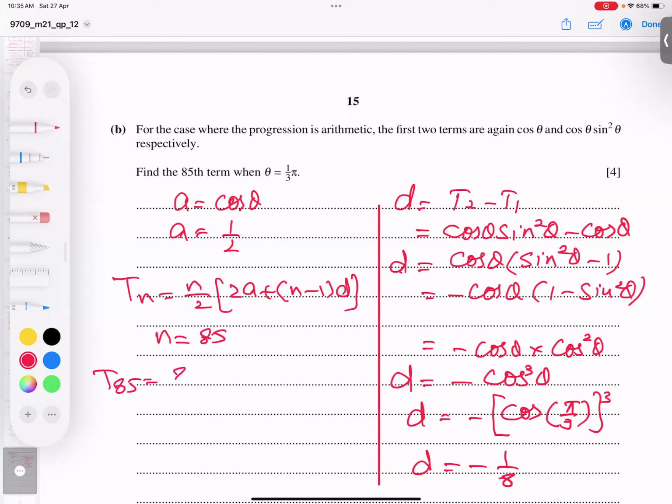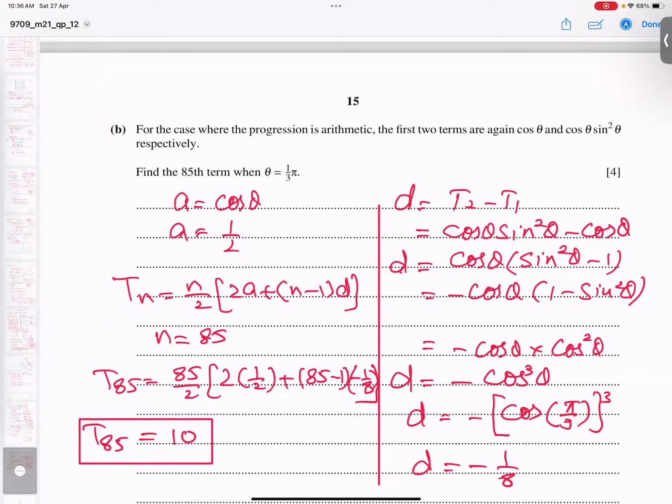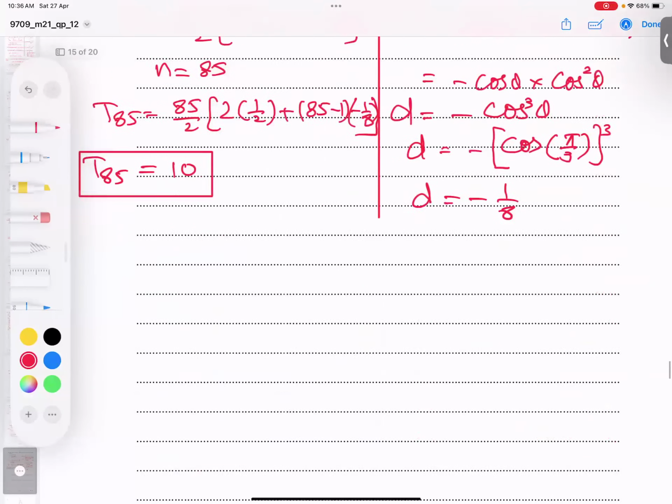T85 equals 85 minus 1 into negative 1 over 8, plus a half. I think it is a matter of typing, and when I type in the calculator, I get the T85 answer. I hope it is clear. Let's go for the next one.